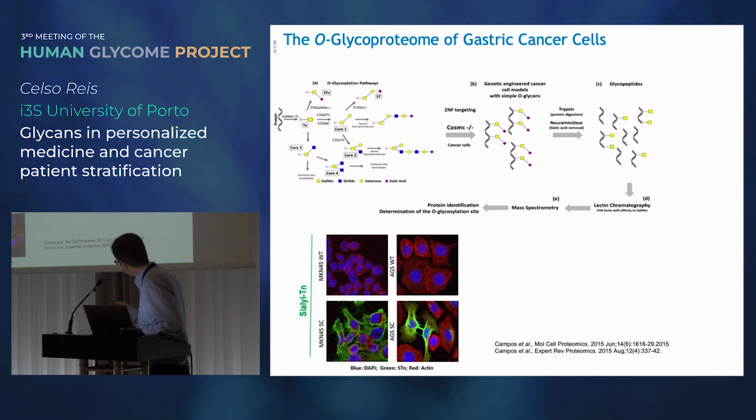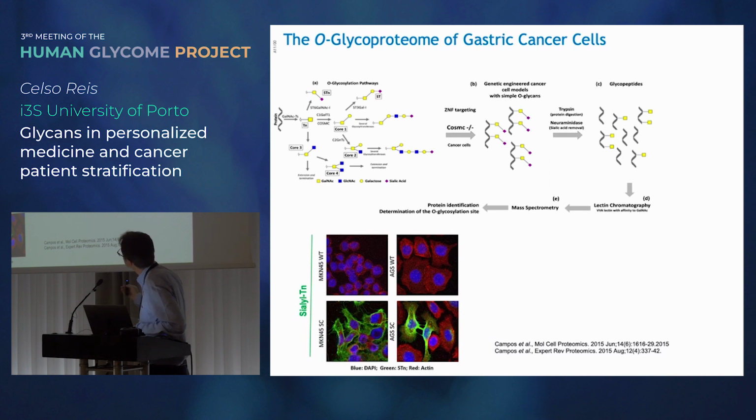So using the strategy developed by Catharina Steentoft in Clausen's lab some years ago, Diana Campos generated a knockout of Cosmc, the molecular chaperone of this step of the biosynthesis of all O-glycans. So the protein remains just with the GalNAc. All the proteins in that cell will have GalNAc, and because the cell has ST6GalNAc1, it will produce sialyl-Tn.